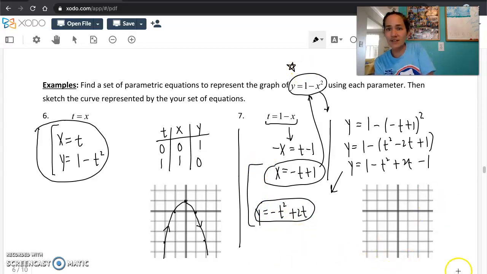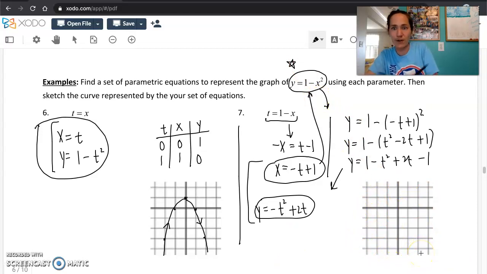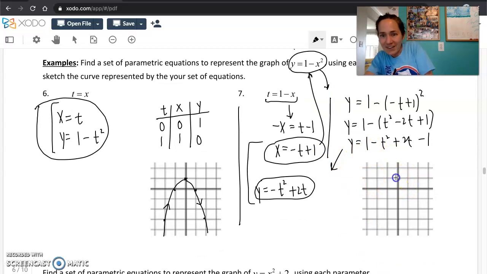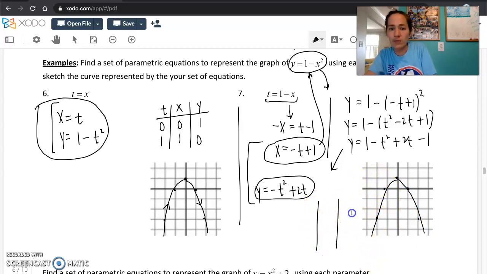I still say sketch the curve just like you would have back in an algebra or a pre-calc class. We are in a pre-calc class, I guess, but I feel like we've moved so far beyond the basics. You've got that same exact curve, the parabola that shifted up a unit, thinking of your parent graph shape. And now decide on your orientation. Pick a couple easy points to plug in.